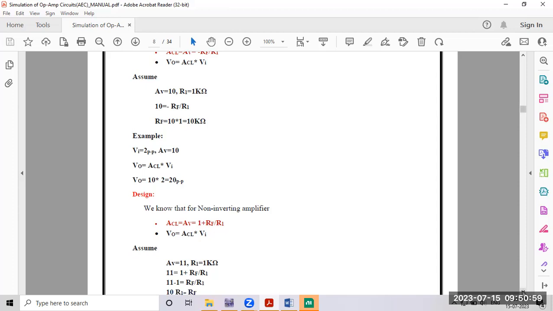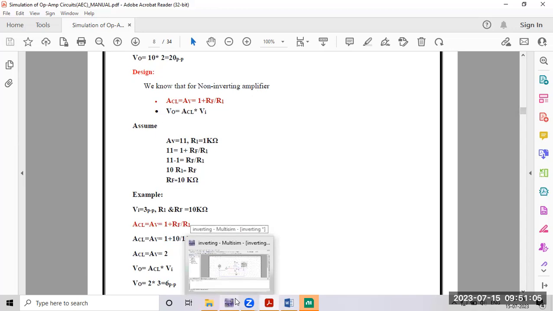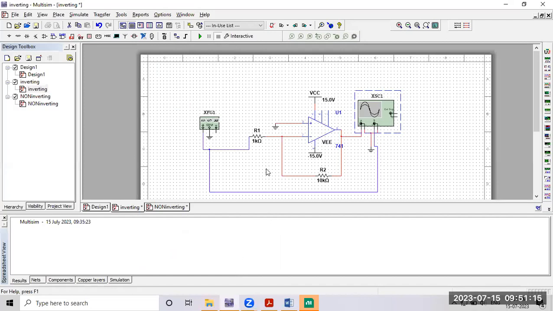Now let's get to the Multisim software. The input voltage is 2 volts peak to peak, and the circuit should give 20 volts peak to peak. That is the main agenda of this inverting amplifier. Simultaneously, it should give a 180-degree phase shift.